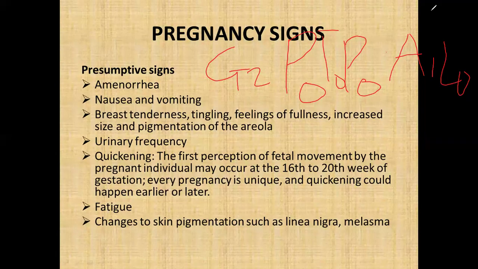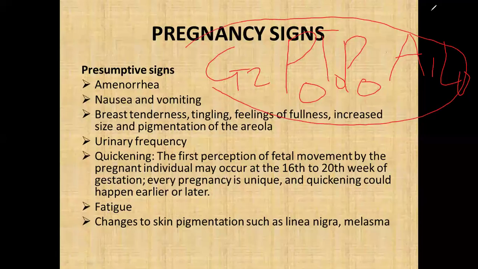The parity, which is 0, term is 0, and then preterm is 0. But abortion is 1, knowing that the first pregnancy was lost before 20 weeks. And then living is 0. So these two also make the same sense, and it's the same as what we were just trying to establish.